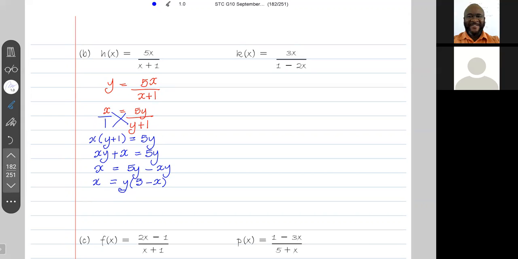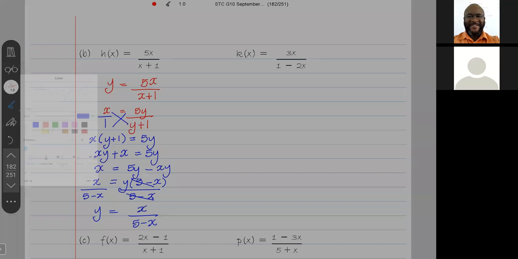Then I'm going to divide over here by 5 minus x, and I'm going to also divide over here by 5 minus x. That cancels that, and so we end up with y is equal to x over 5 minus x. Step 3 is to make y the subject again.